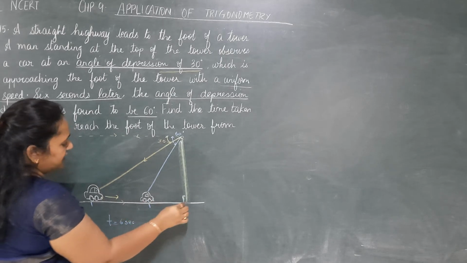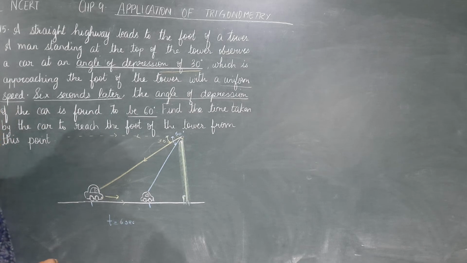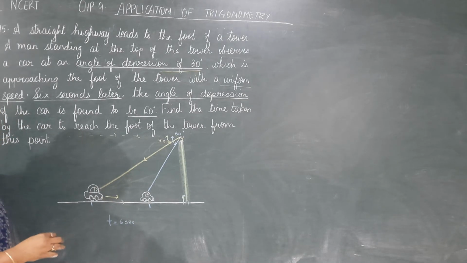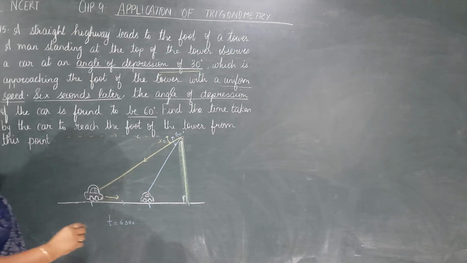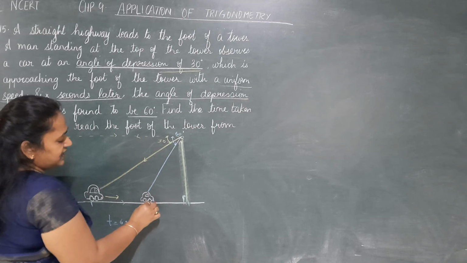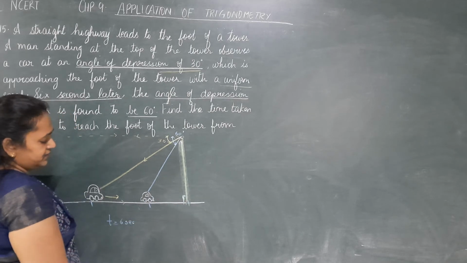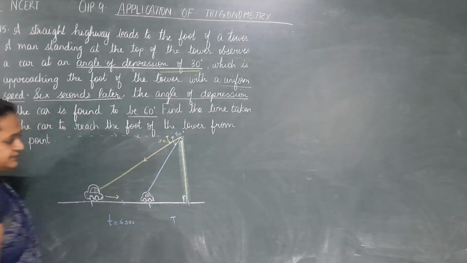We are not asked how much distance the car has yet to travel, or what is the distance between the two positions. This time we are asked how much time this car is going to take to reach this point. So we need to find t over here.